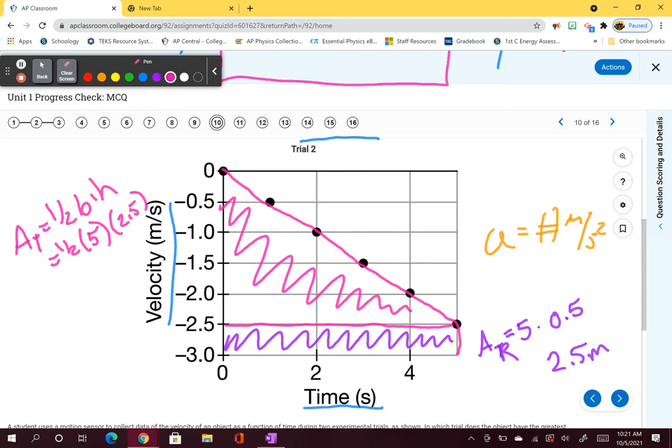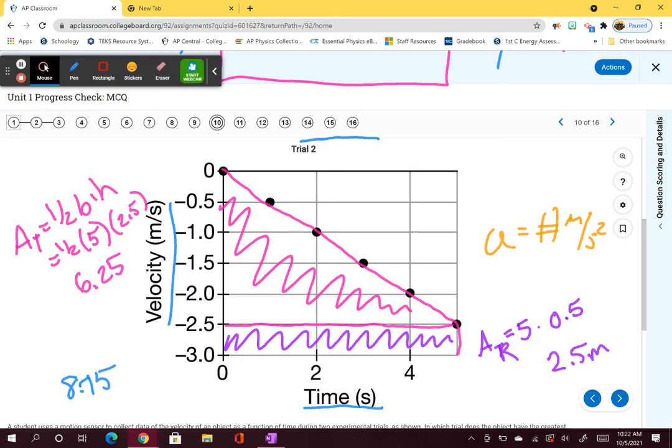And then you do 5 times 0.5 times 2.5, and you would get 6.25. You would add those together because they're all in the same unit. Once you add those together, you get 8.75.